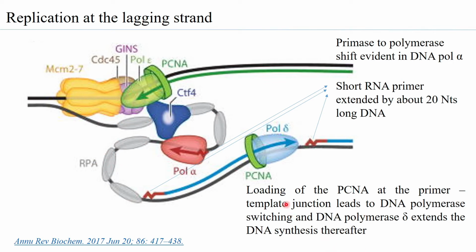Now, loading of the PCNA at the primer template junction is important, as mentioned earlier also, because it leads to what is called a DNA polymerase switch. So in case of lagging strand, the DNA polymerase alpha is replaced by the DNA polymerase delta.